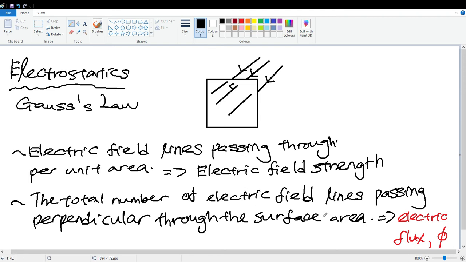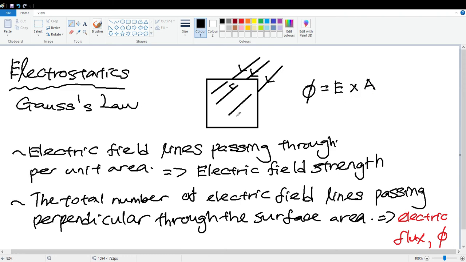The electric flux is the total number of electric field lines passing perpendicularly through the surface area of the metal plates. For the formula, the electric flux is the cross product of the electric field and the surface area of the metal plates.